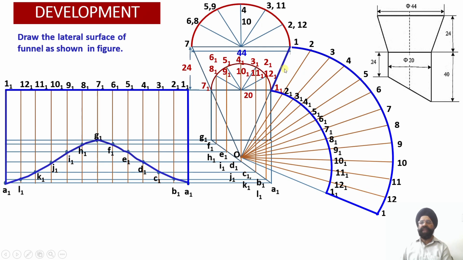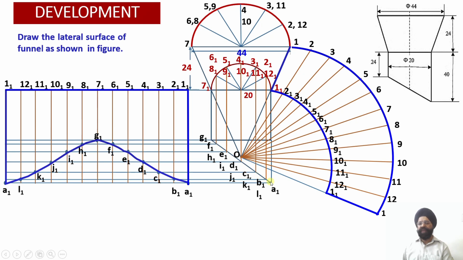Here you see, this is a problem in which the principles of the radial line development method as well as the parallel line development method have been used alongside the principles of projections of solids and sections of solids.